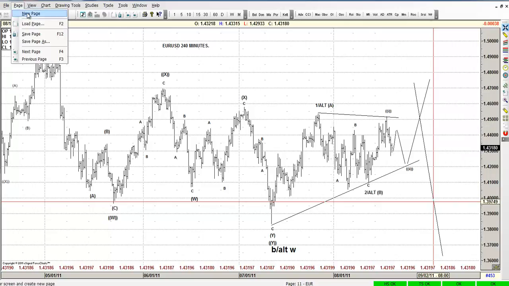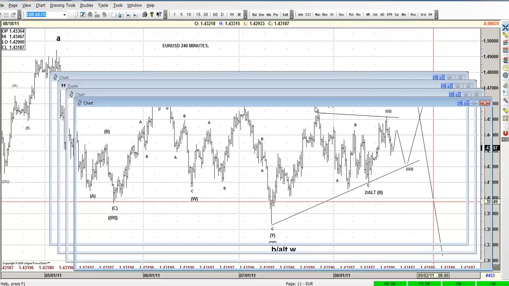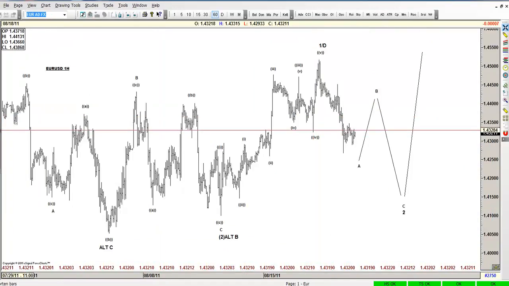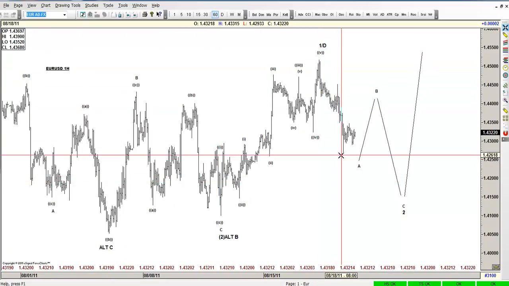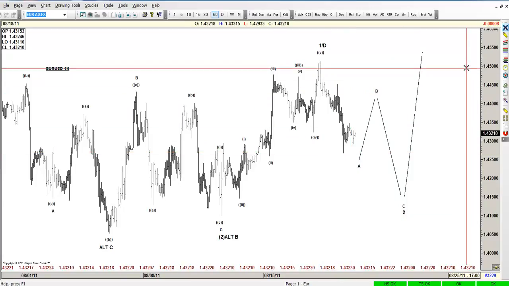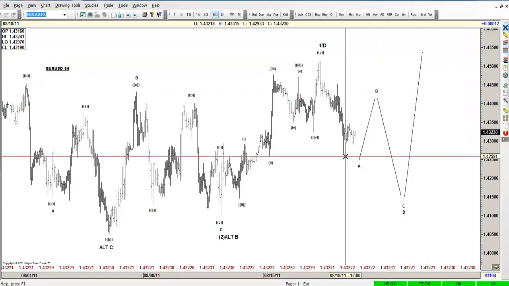Now, in the short time frame of the euro, we see that the move from the draw is in 1, 2, 3. The structure looks corrective, but we cannot deny two scenarios. The first scenario is that this is W already.